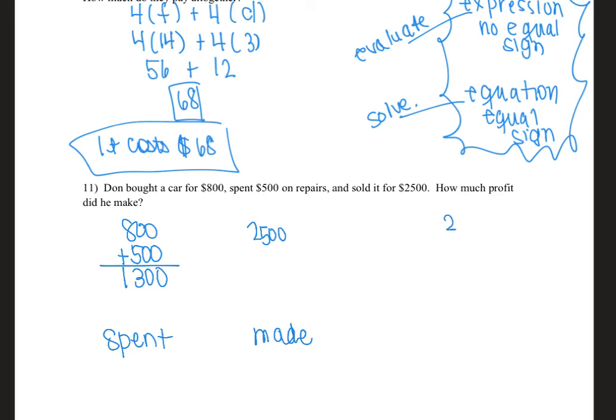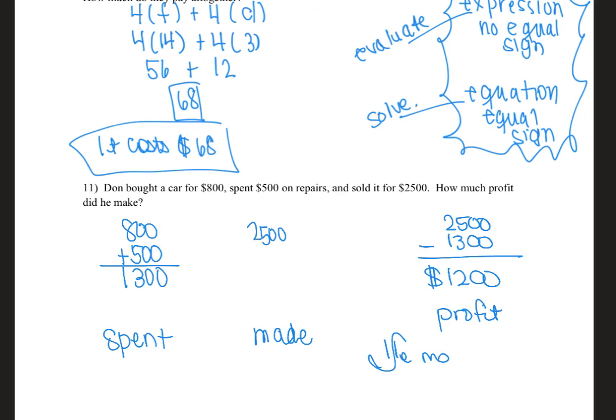Okay, so $2,500 minus the $1,300 he spent will be profit. So he made $1,200. All right, let me know if you need any help, and try some on your own.